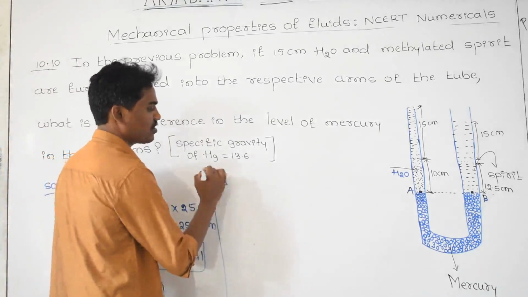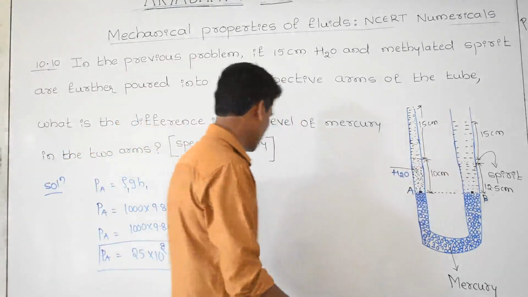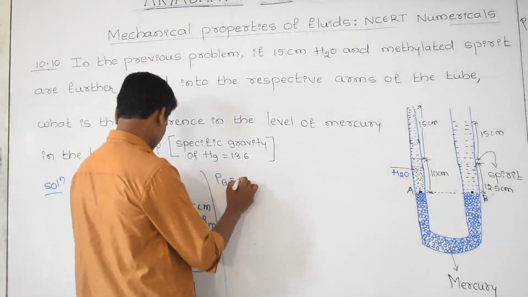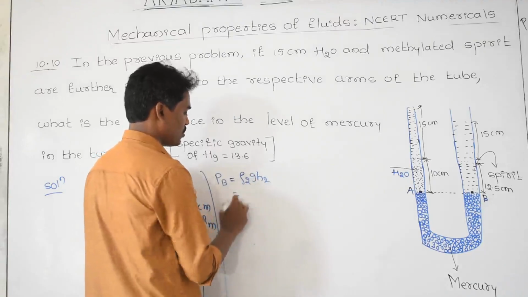This is the pressure at point A at one end, and let us now calculate Pb. What is Pb? Pressure at point B by this column, and that is Pb equals rho 2 g h2.